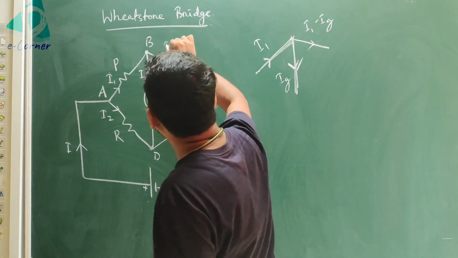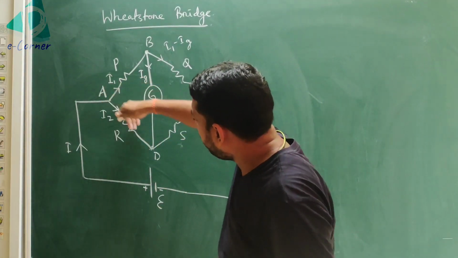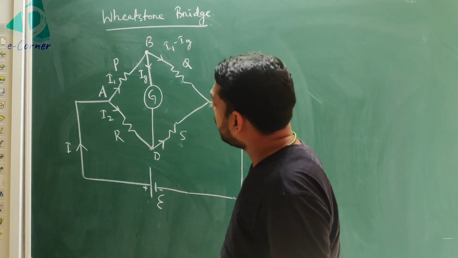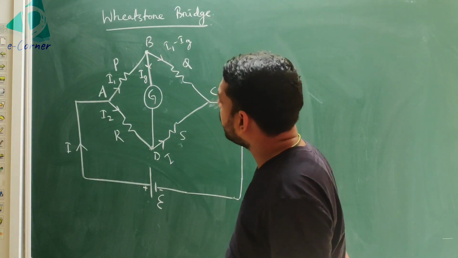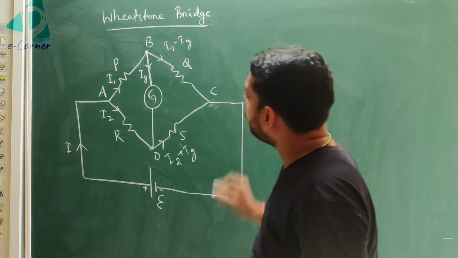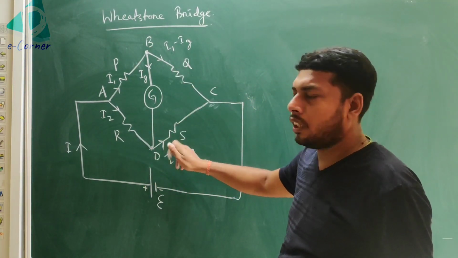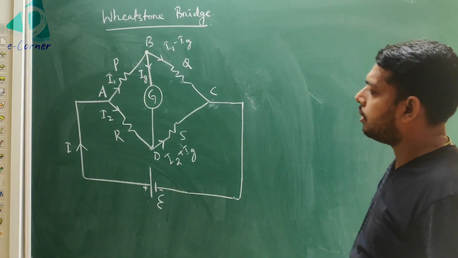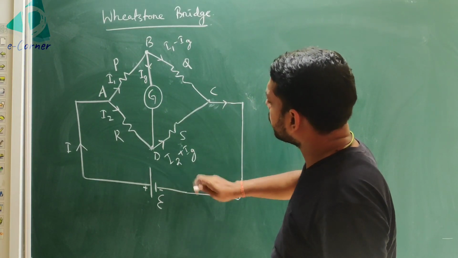Again, I2 is coming here, Ig is also coming here. So what is the value? These two are coming, so the sum leaves. How much will it be? I2 plus Ig. Then what is the value here?